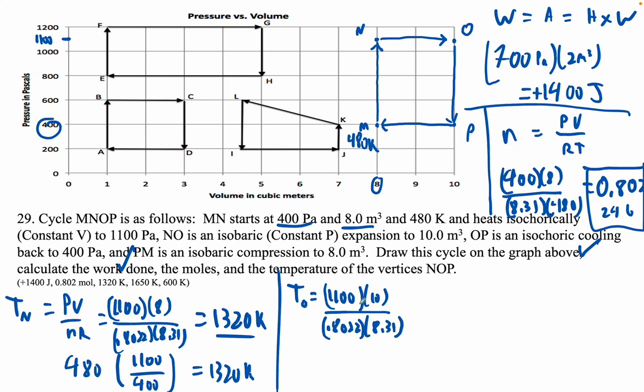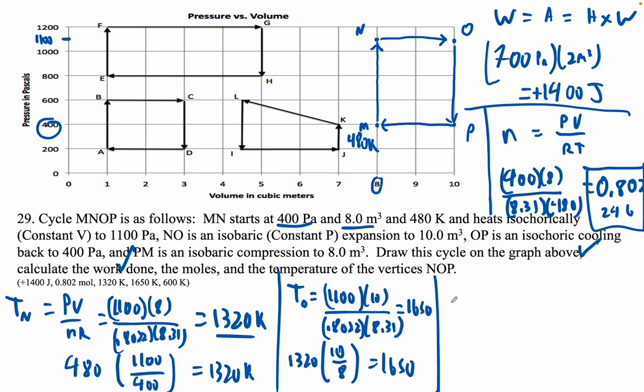And when I do that, I get 1650. Right? And of course, there's got to be a better way to do that, right? So I bet that it's 1320 times 10/8. And the reason is that we go from 8 to 10, right? So the temperature's got to rise by the same amount. So 1320 times 10 divided by 8. Hey, that's 1650.